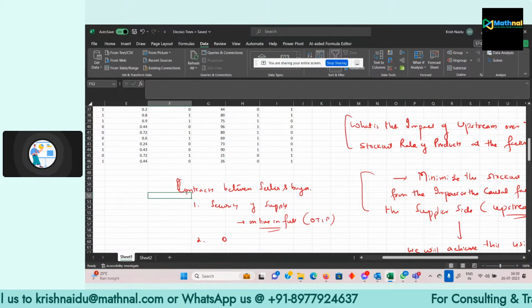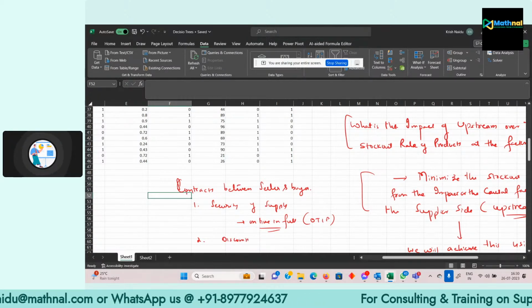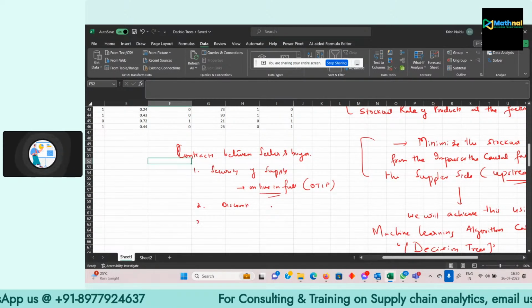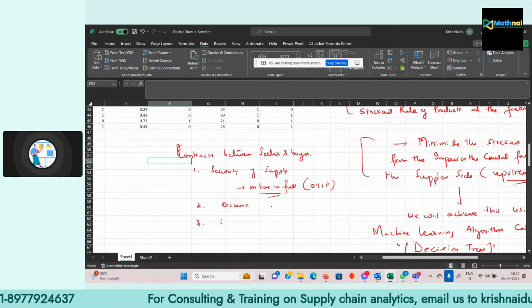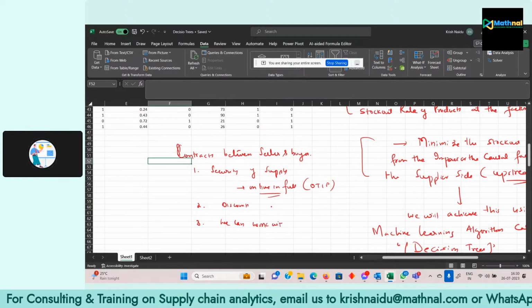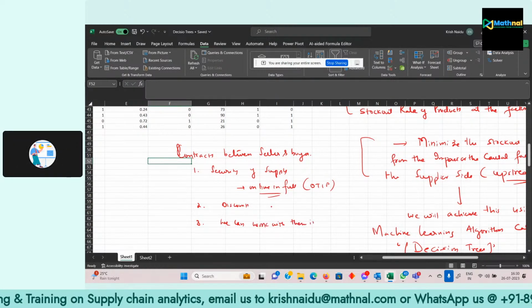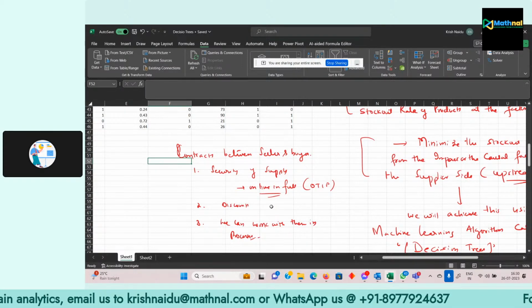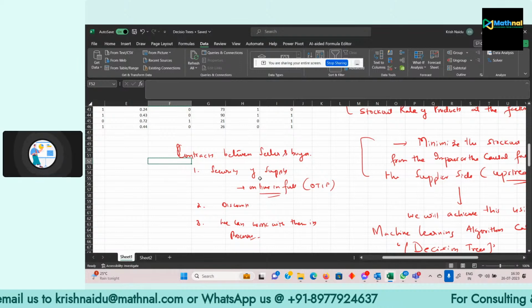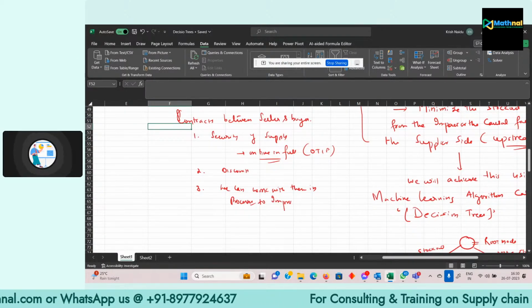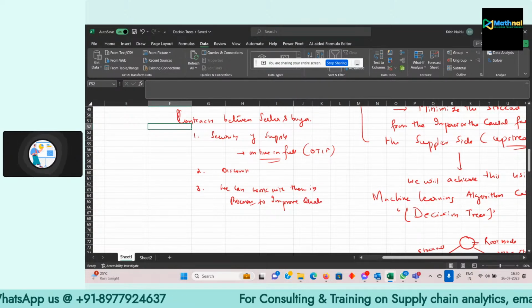We can also get discounts. If you have a contract with the supplier, we can also get discounts, and we can work with them on processes. There are various advantages. Suppose the focus of the process is to improve quality.